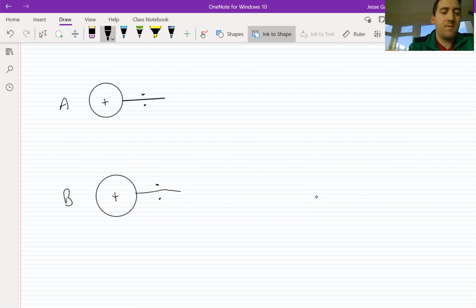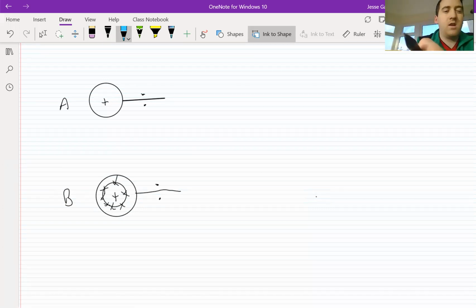But this one has an extra shell of electrons inside. Okay. There should be 8 electrons there, so I think there's about 8 there now. Okay, we're going to show, again, the affinity between the negative electrons and the nucleus. Here is the electrons being attracted towards the positive nucleus.